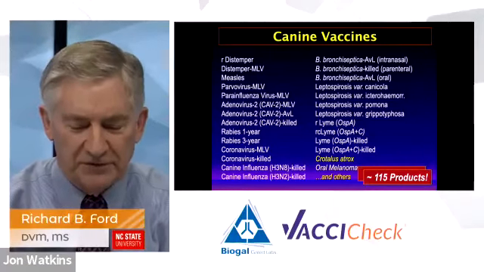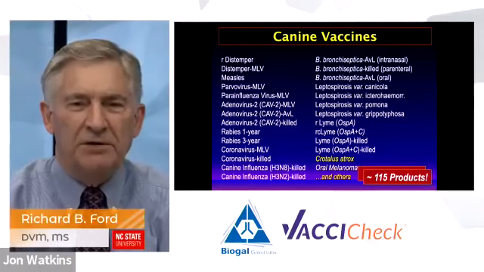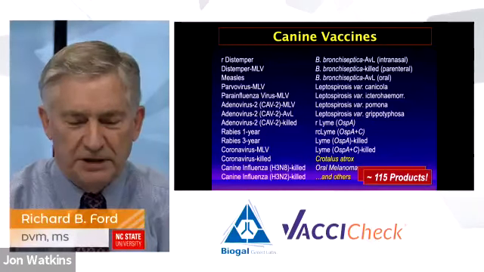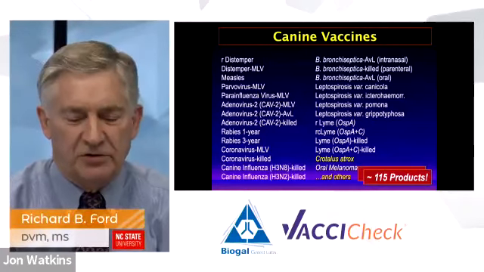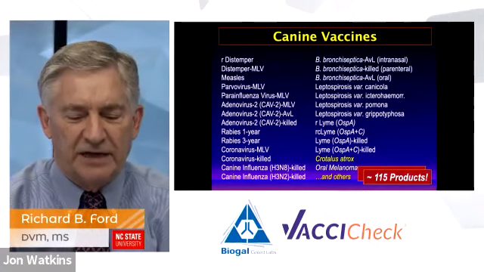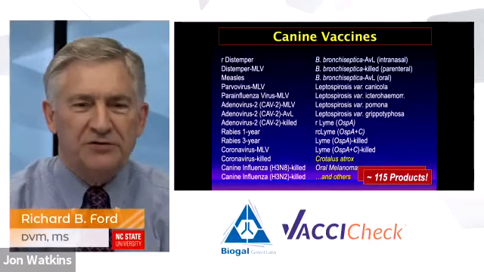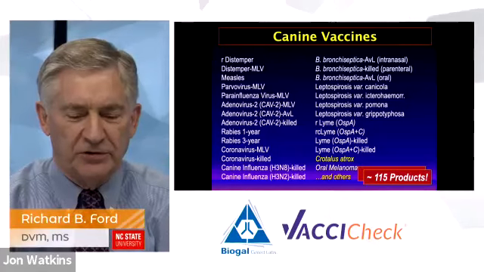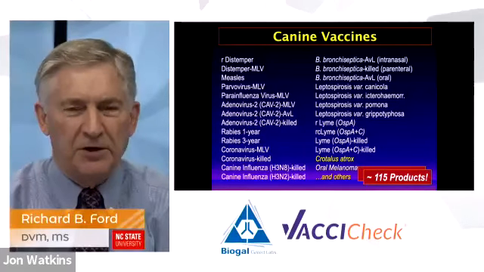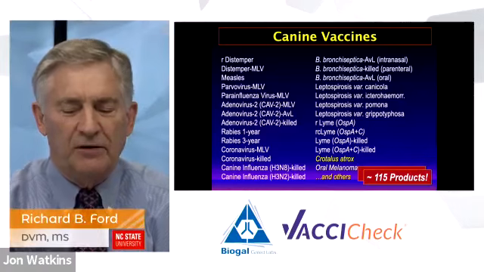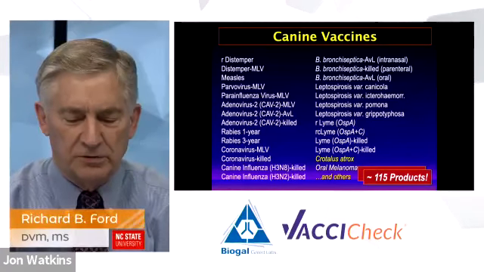in veterinary medicine today. You know, this has been a virtual explosion. This is a list of currently licensed antigens for which vaccines are approved, largely in North America, but also available throughout the world.